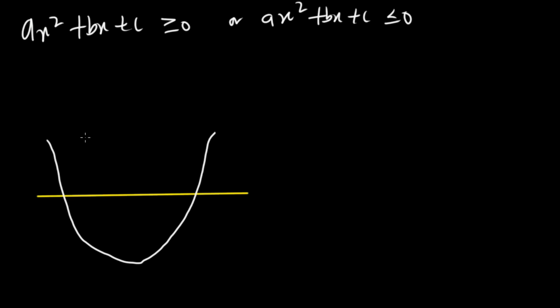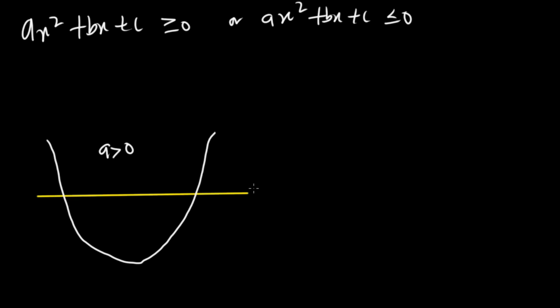If a, which is the coefficient of x squared, is greater than 0, I'm going to have my graph be a cup-like structure. If you recall from quadratic graphs, whenever we have our curve cutting the x-axis in this shape, the coefficient of x squared, which is a, must be greater than 0. So here we have this type of graph.